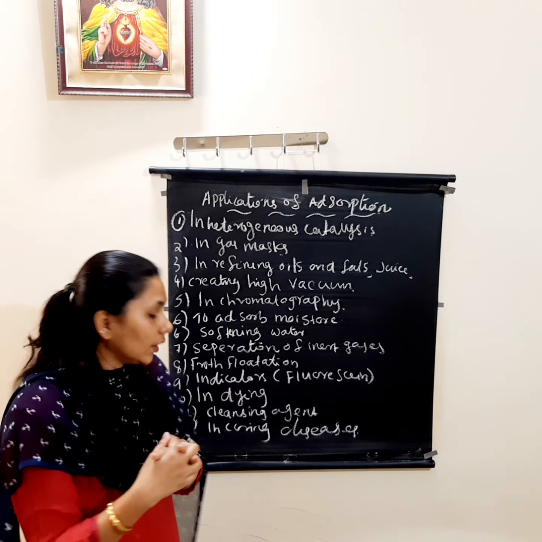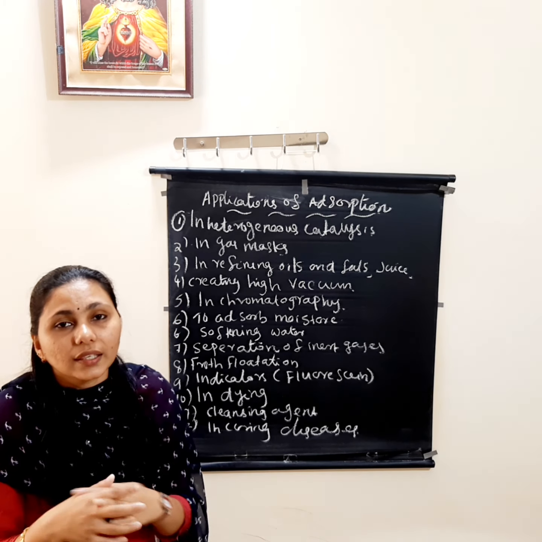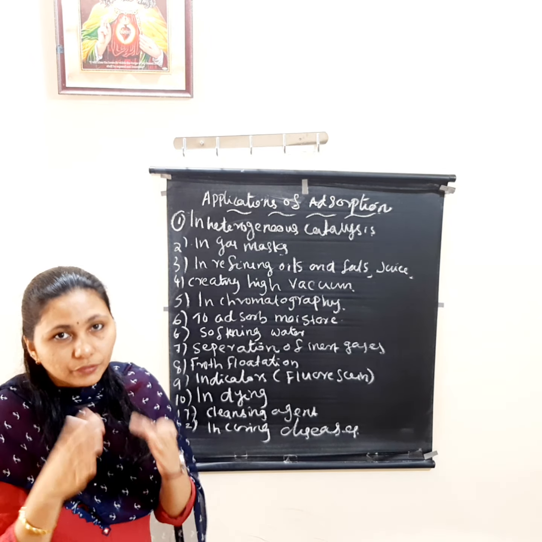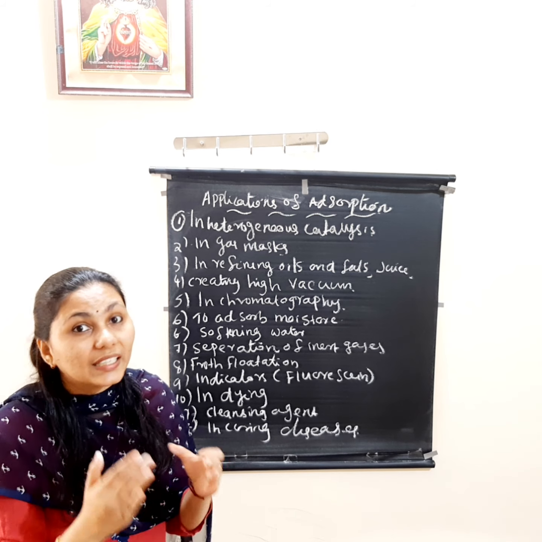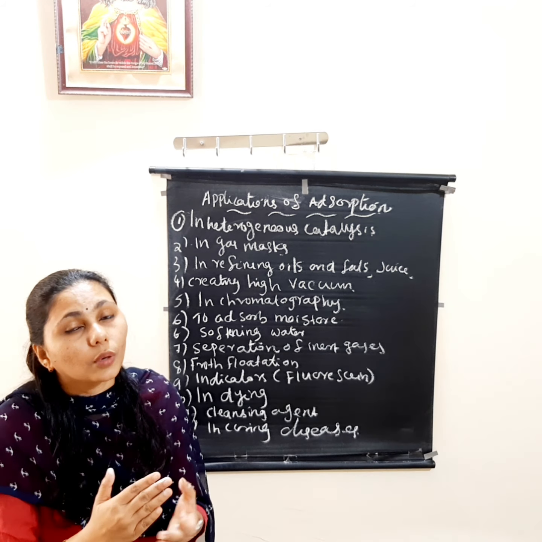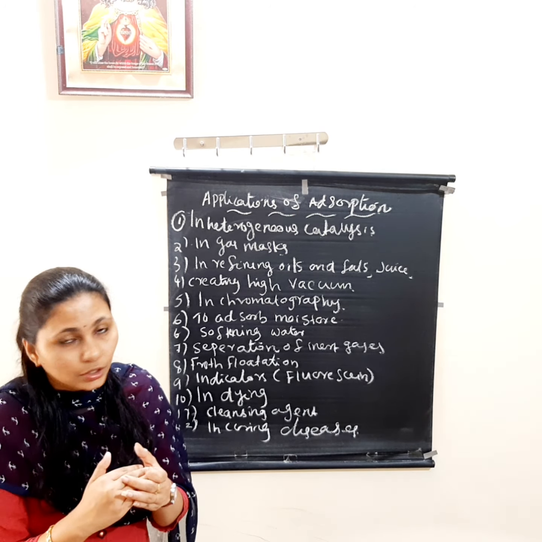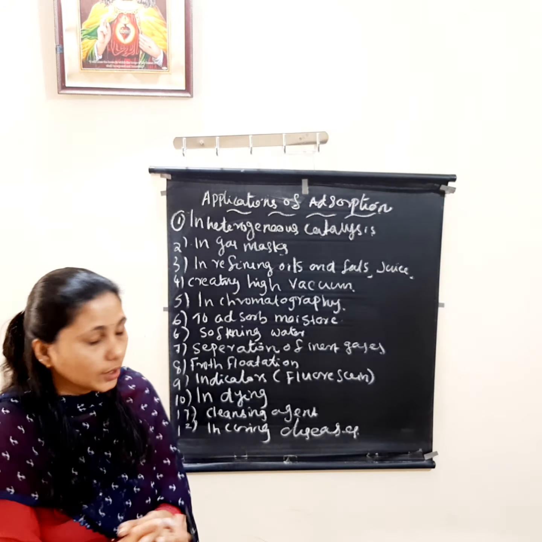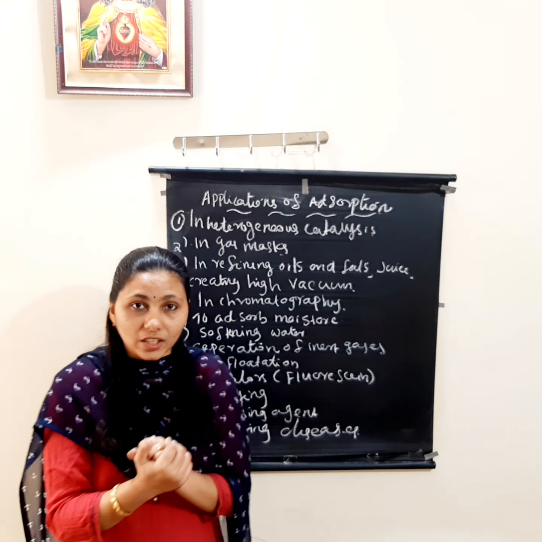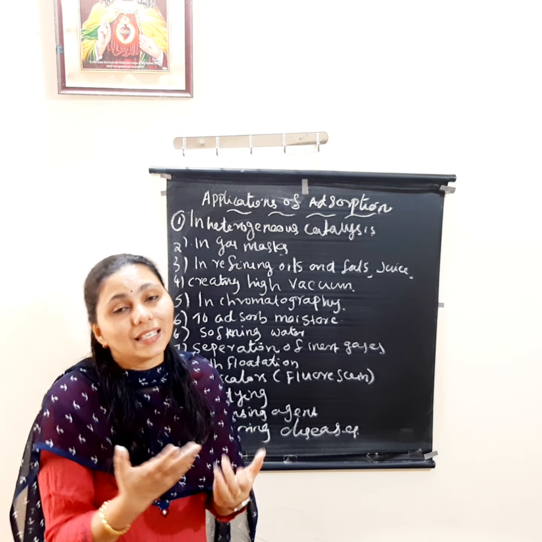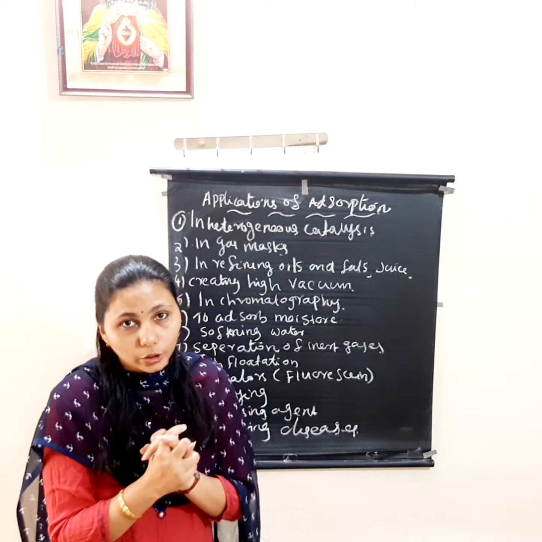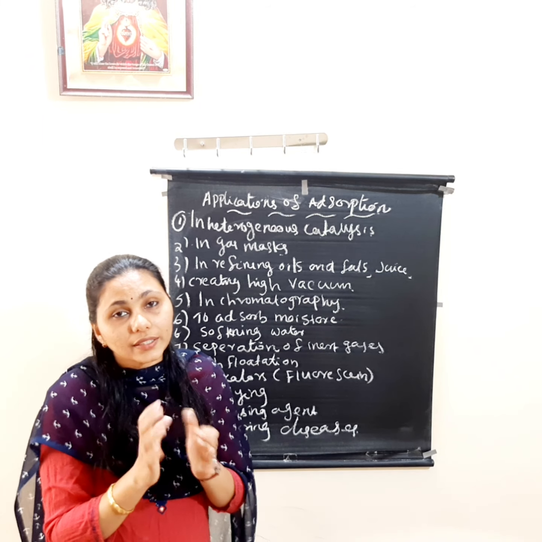Then in dyeing, we know different colored dyes are there. Those dyes are adsorbed on cloth materials, and then we get different colors and prints. So there also, it is adsorption. Then cleansing agents. Cleansing agent means for cleaning. For example, if you want to clean a cloth, we add detergents or soaps.